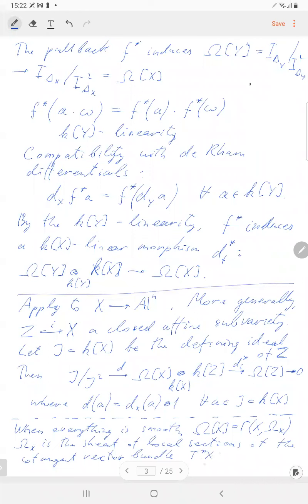You know there is a tangent bundle and there's a dual vector bundle, the cotangent vector bundle.